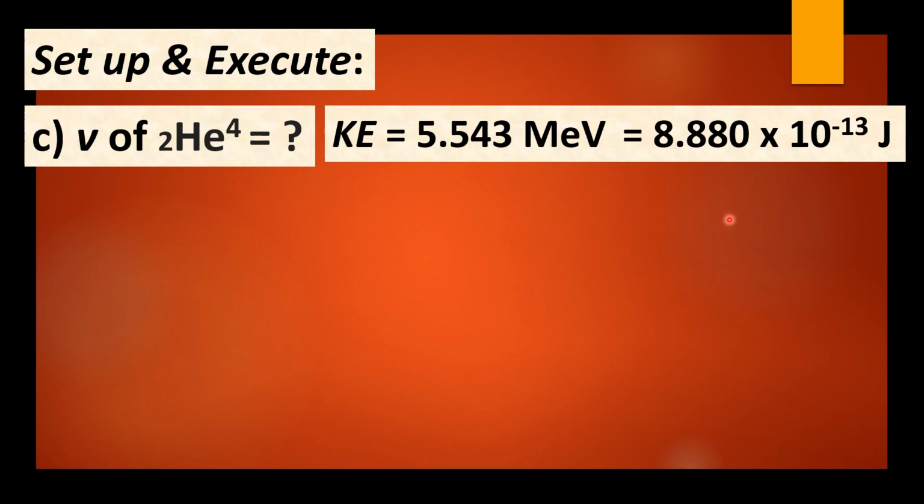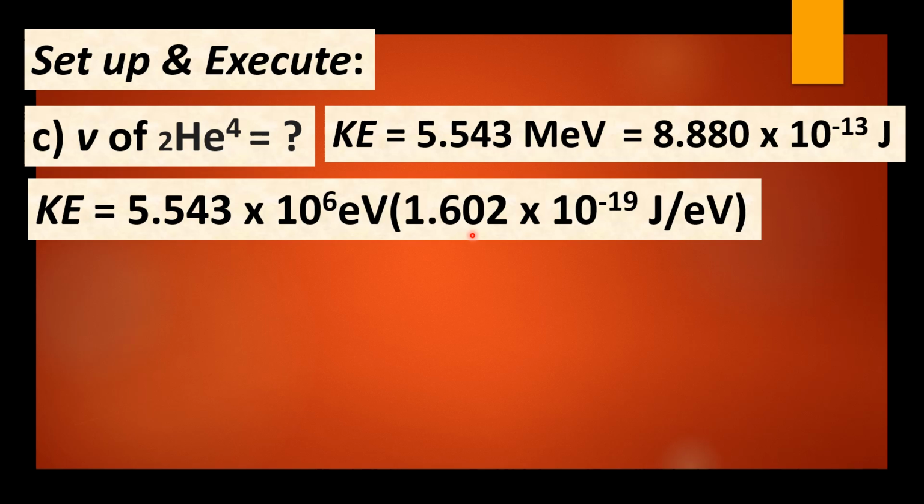We obtain this by multiplying the kinetic energy in million electron volts by the conversion factor, 1.602 times 10 to the negative 19 joules is equivalent to 1 electron volt.